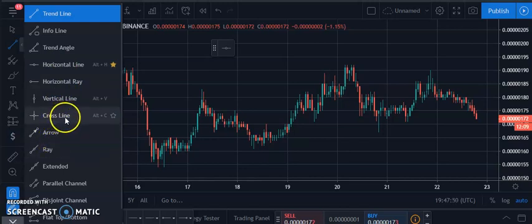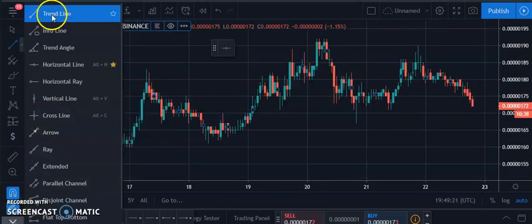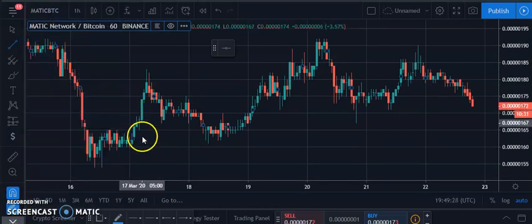All of them play various important roles or functions, but currently we shall be using trend line. Look at it, well indicated too. Once you click on it, it's already up.